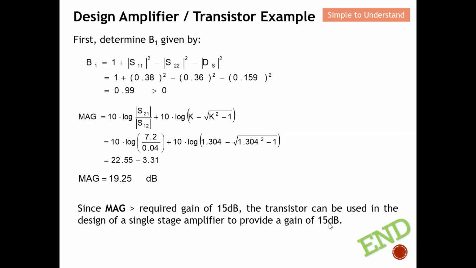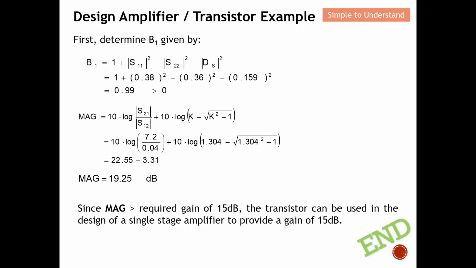With this, I'd like to end my discussion. Over here, you can see that I have successfully designed an amplifier using the Rollett stability factor first, to determine whether the amplifier or transistor will remain stable.